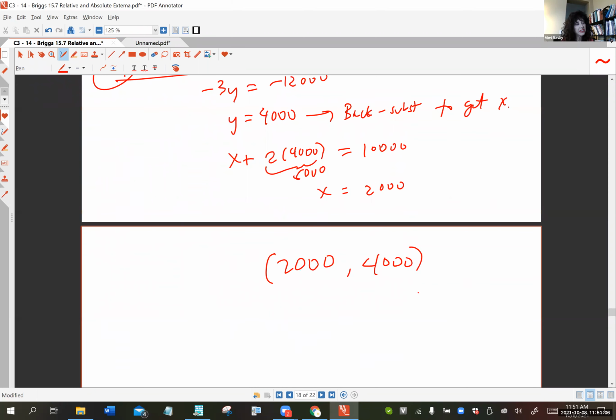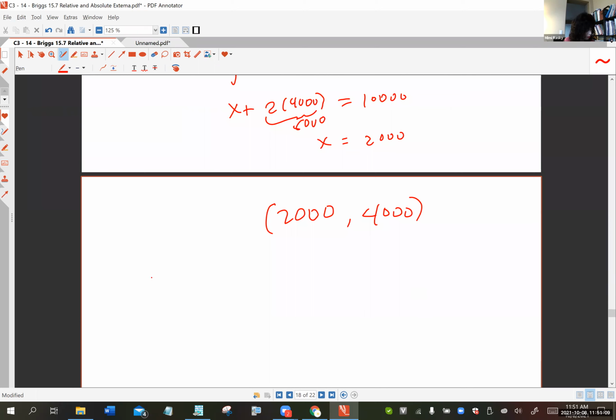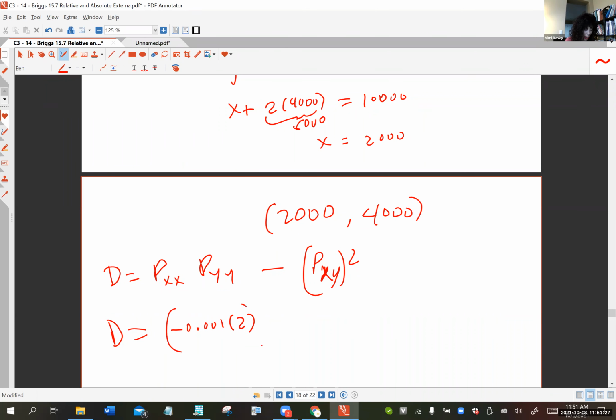Now, prove that's a max. I would want you to get your D, do your P_xx times P_yy minus P_xy squared. And when you do that, what is your P_xx? I get minus 0.001 times 2. And then your P_yy looks like it's minus 0.001 times 2.